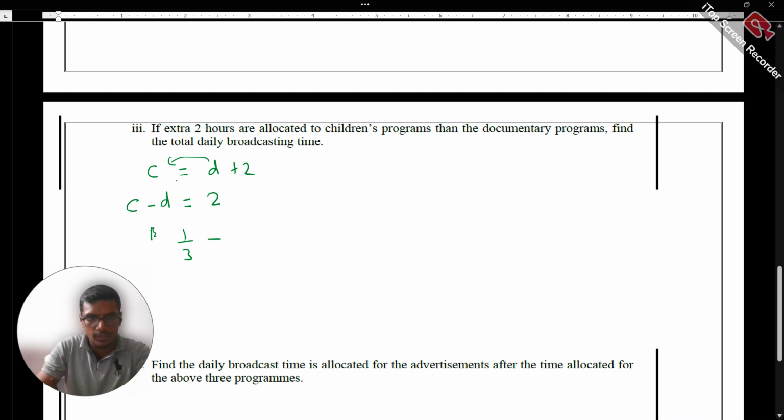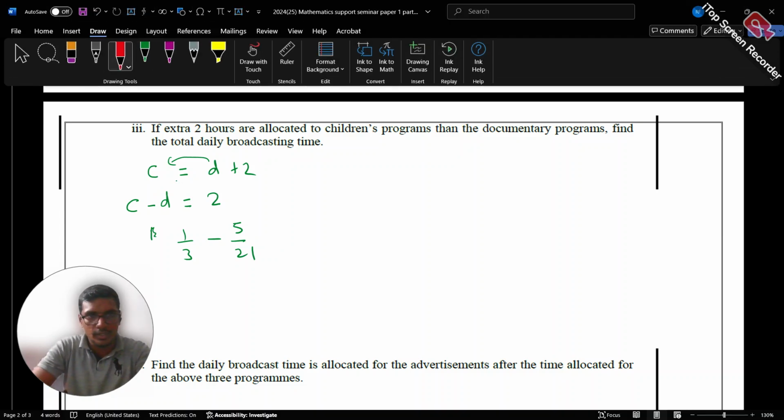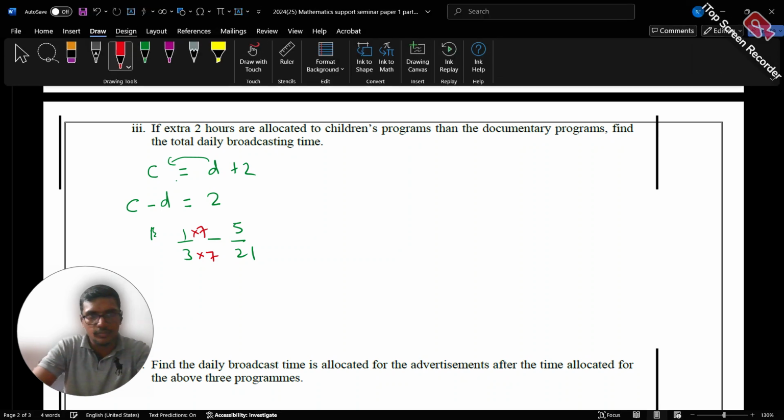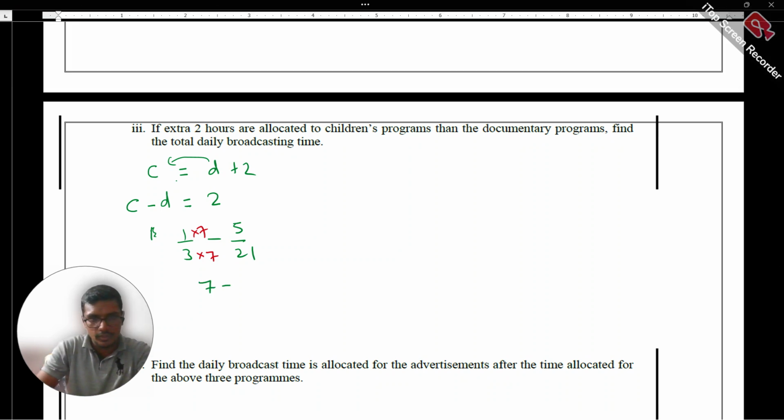Then 1/3 minus 5/21. In order to subtract, I should take the common denominator, multiply by 7 to make that 3 to 21. 1 times 7, 7 minus 5/21, which will be equal to 2/21.